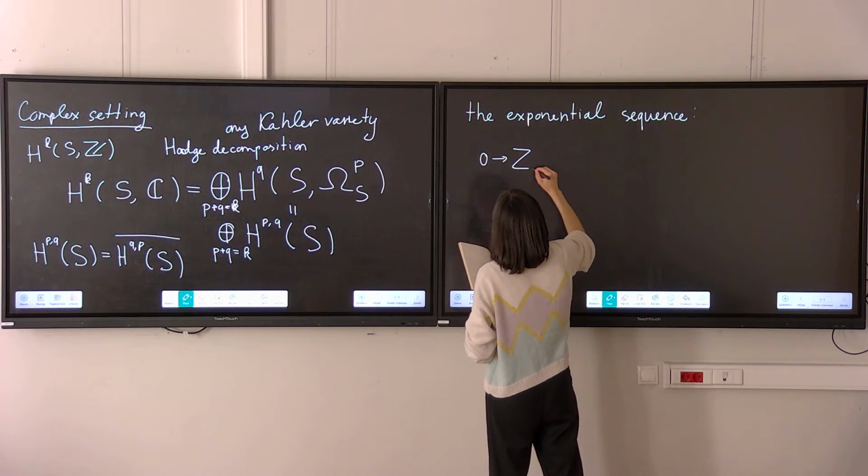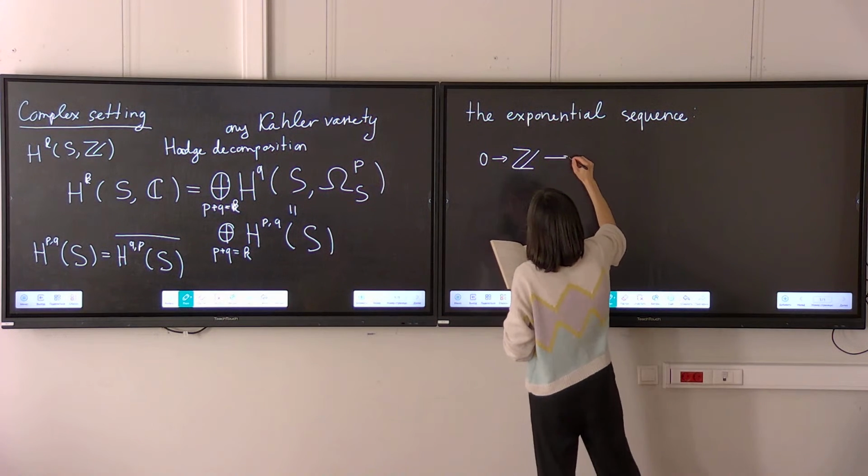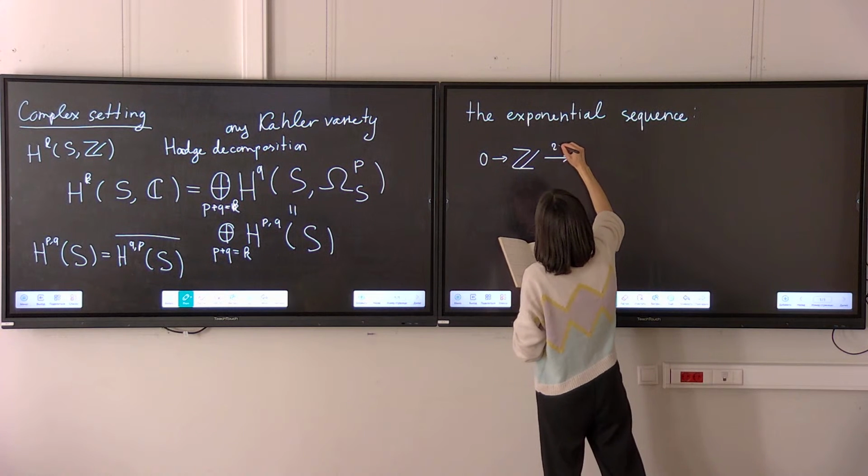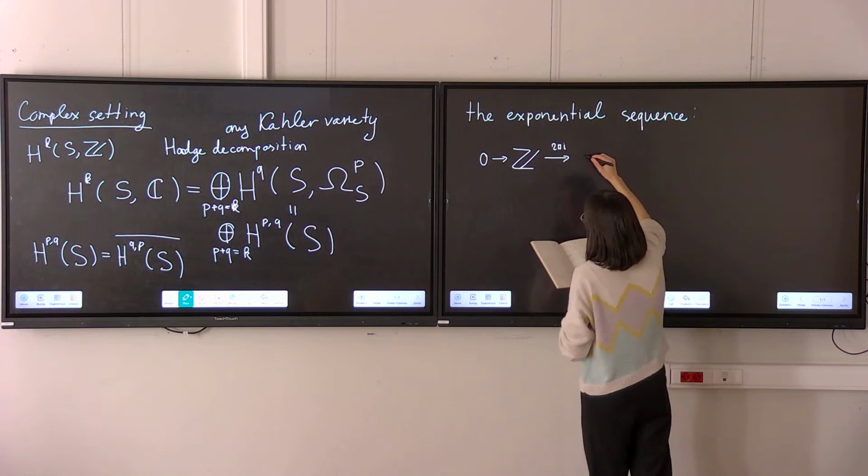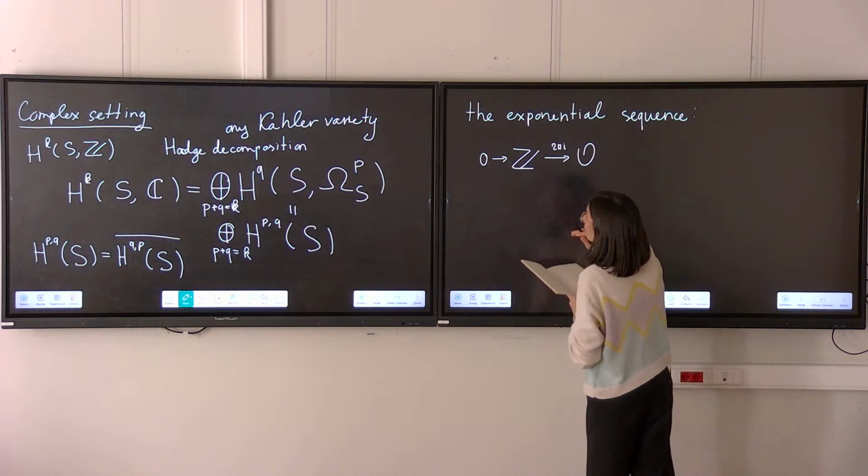We can take just that, mapping by 2 pi i to, okay.